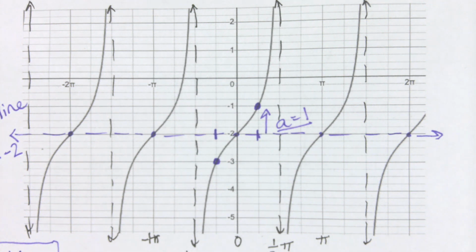When we graph tangent, its starting point is always which point on the curve? Which point on the graph of the tangent curve do I always put the circle around? The center.